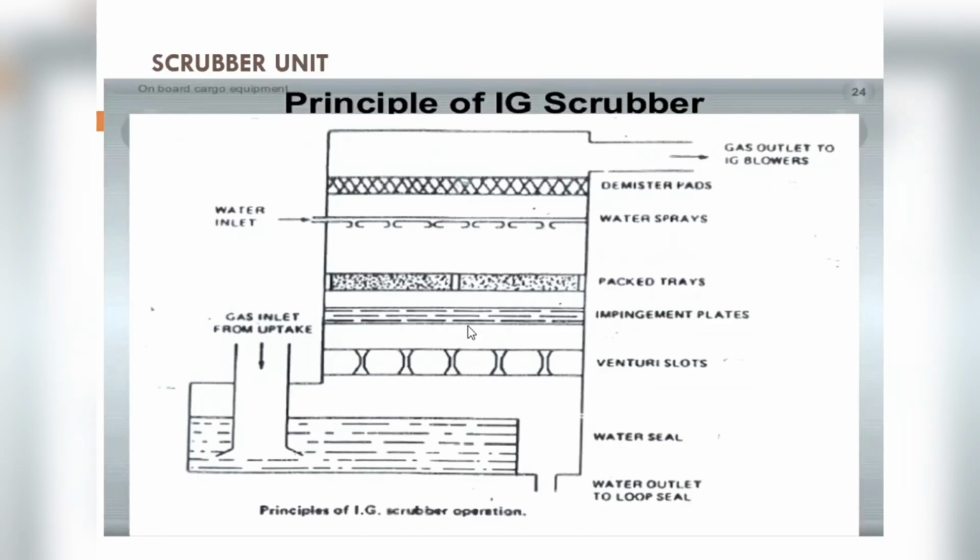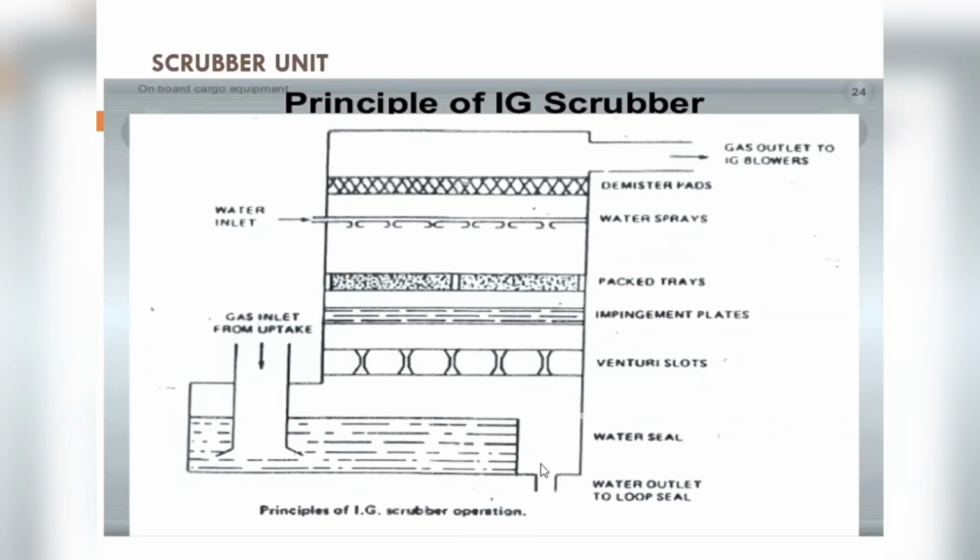Cooling is done in the impingement plates. Solid particles are removed in the venturi slots, and some cooling and cleaning is done when the gases pass through the pool of water. Once it's out from here, the moisture is removed by the demister. So the gases, when they come out, are already cleaned, cooled and dried.